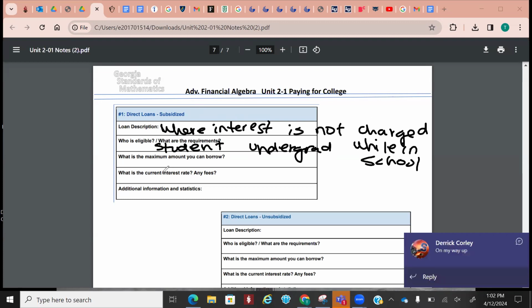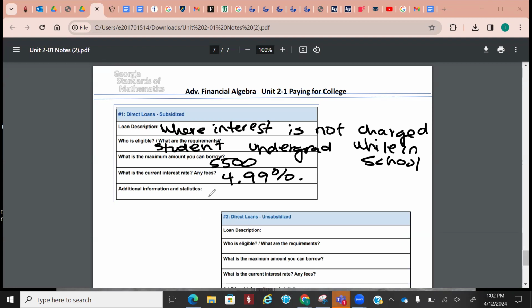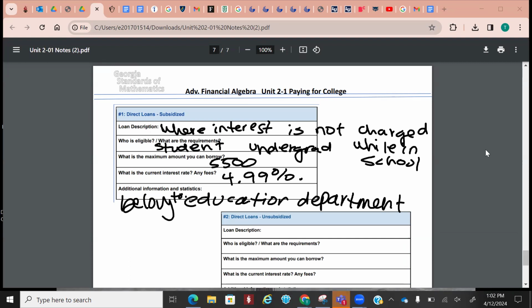Now, what is the maximum amount you can borrow? That's $5,500. And then the current interest rate is 4.99%. That's a high interest rate, especially when you're having to pay that much back. Loans belong to the education department.